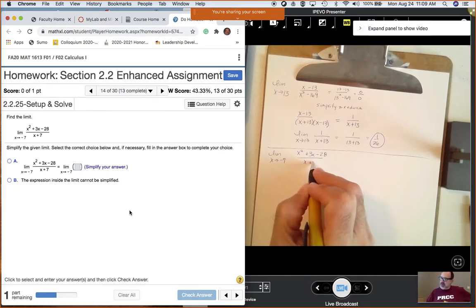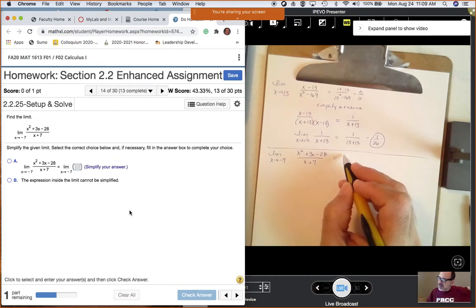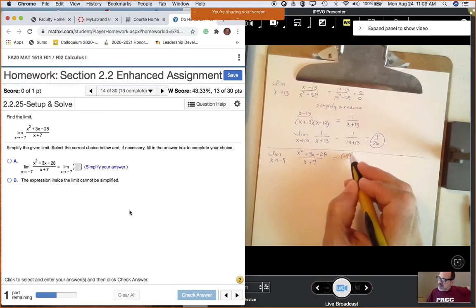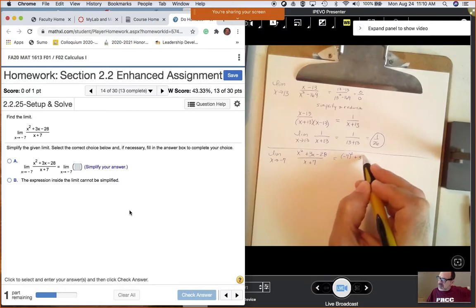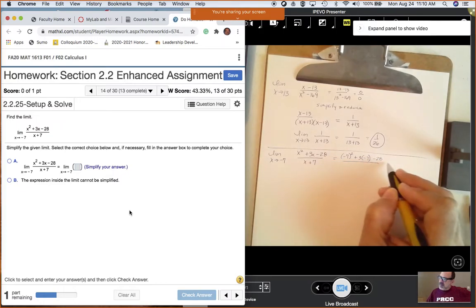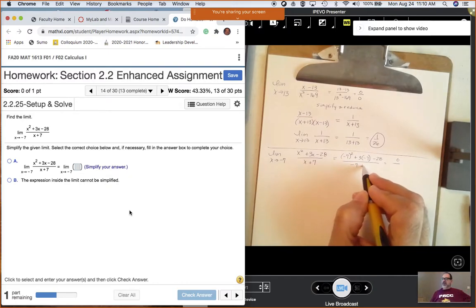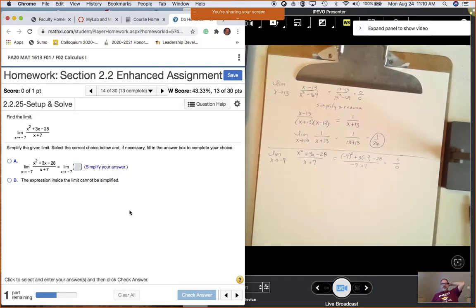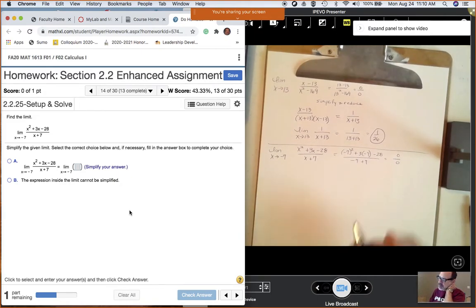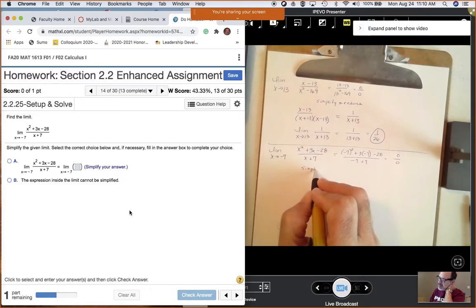And if we plug in the -7, we should get -7 squared, which is 49, plus 3 times -7, which is -21, minus 28, which will give me a 0 on top, and -7 plus 7 will give me a 0 on bottom. So again, I got the indeterminate form. And when we have the indeterminate form, we are going to simplify and reduce. And then we'll try it again.